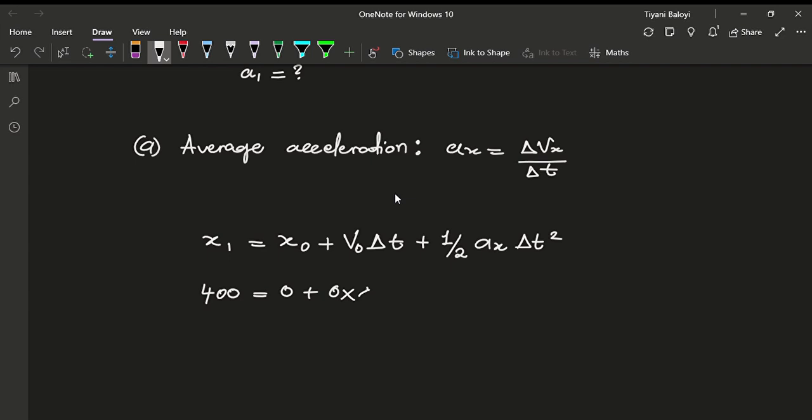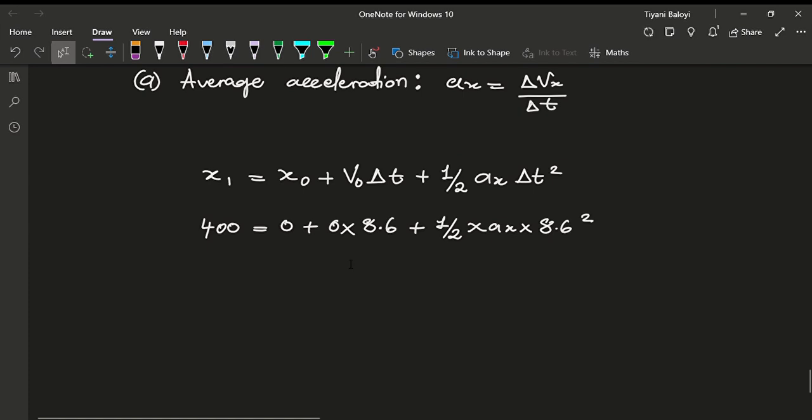We don't necessarily have to multiply because that will be 0, but let's just do it. Half of ax by 8.6 to the power 2. Let me just punch in and see what half of 8.6 squared gives us.